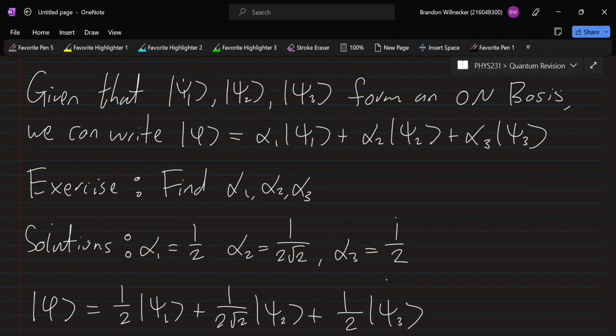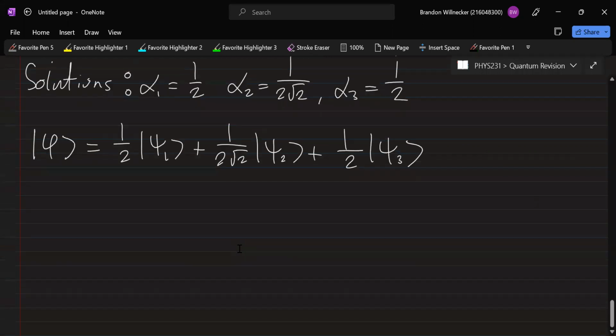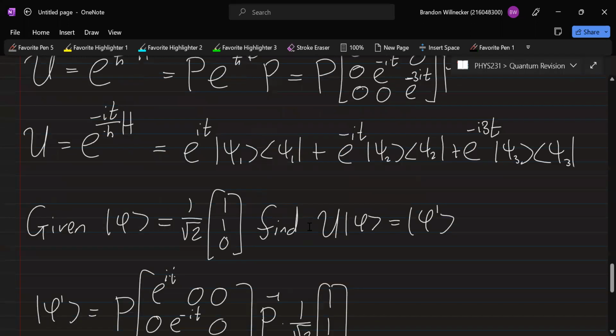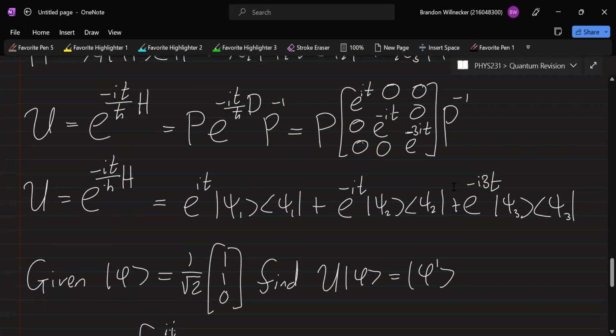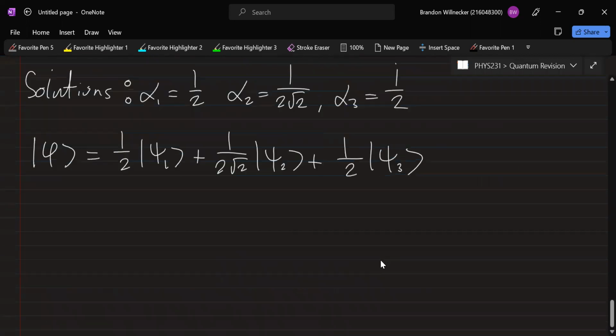Then using this, we can find psi prime, the time evolved state, by simply multiplying this linear combination of projectors onto the state.